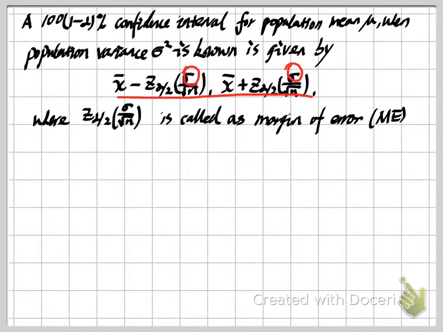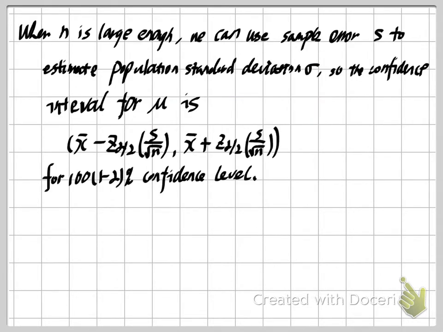Anyway, if this n is large enough, this is parallel with our equation for the confidence interval when variance is known. The only difference is now we substitute our sigma by this s, which is our sample standard deviation or sample error. Except for this substitution, all other equations are still the same.